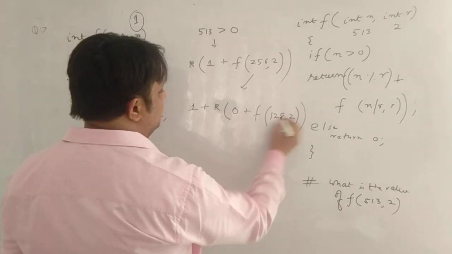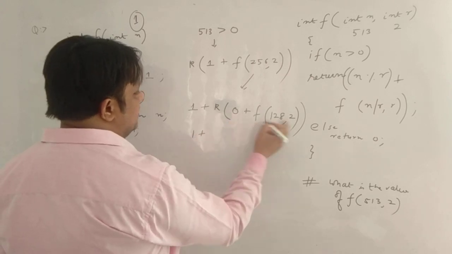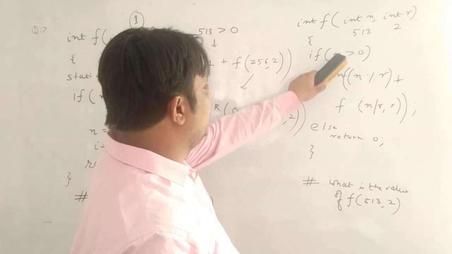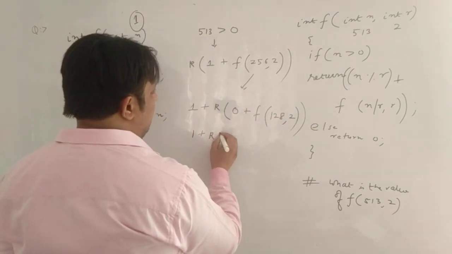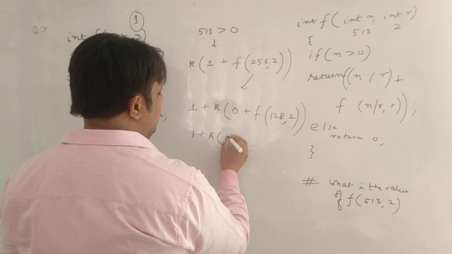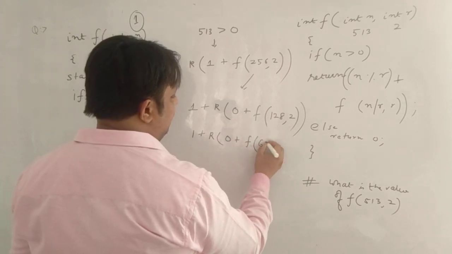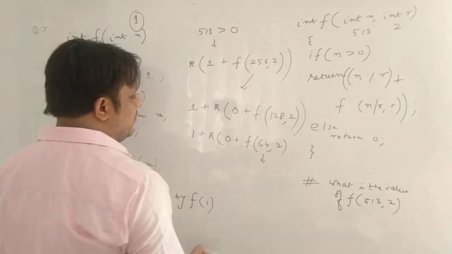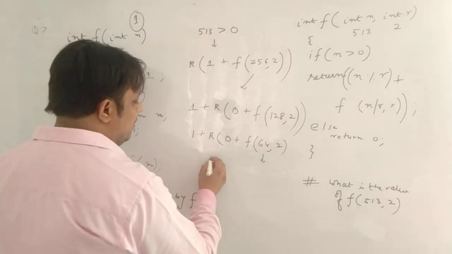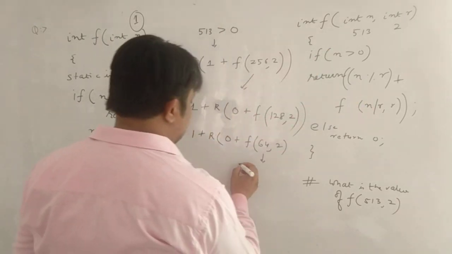So now you will call this function 128, 2, and so far this is 1 plus this function. When you call 128, 2, this condition is true. So again it returns n modulus r, so it's 0 plus function 64, 2, right? When you call 64, 2, again this condition is true, so n modulus r is again 0.